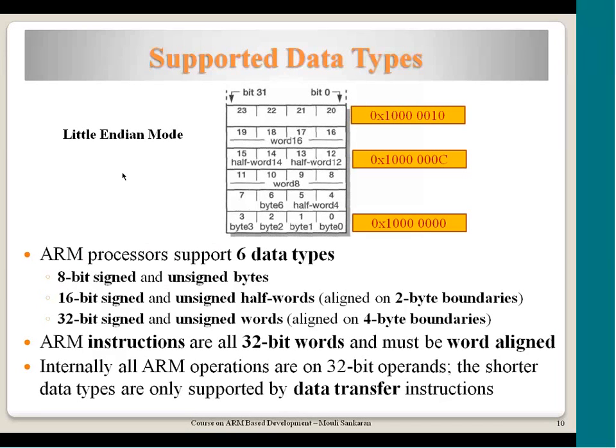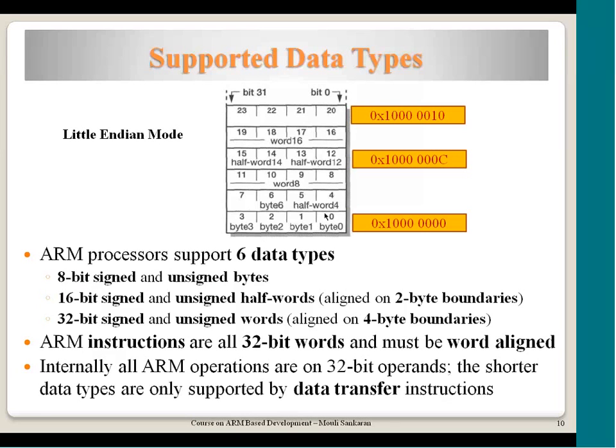So the data processing instructions that we are seeing all operate on 32-bit values. Only the data transfer instructions, which help you in accessing the contents of memory, support different data types. Now how are they stored? An 8-bit value could be anywhere in the memory.